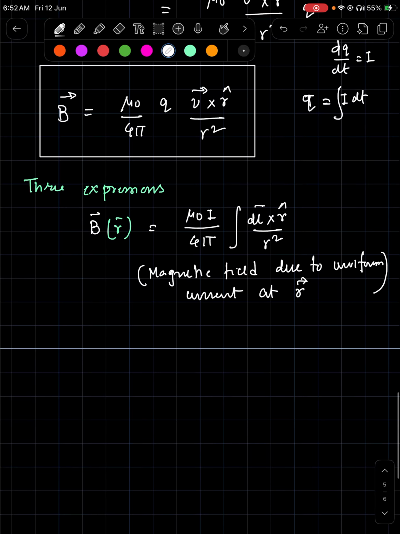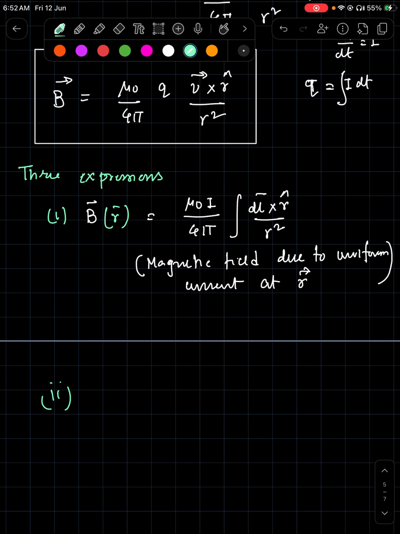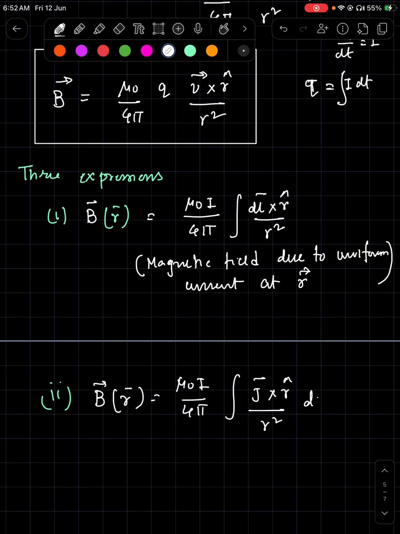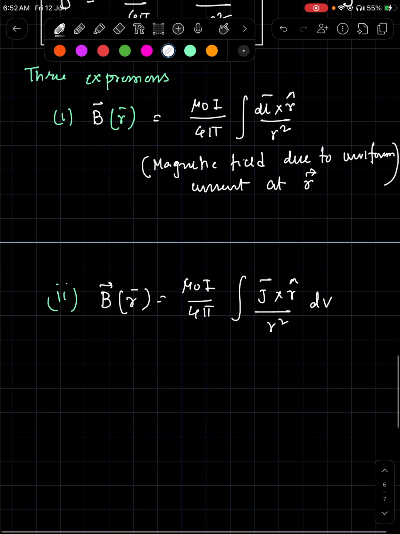Second is this same expression expressed in terms of the dimension of the wire, in the sense that I have brought the current density into the picture. So it becomes a volume integration, that is J cross R cap by R square into dV. And third is the motion of a point charge.